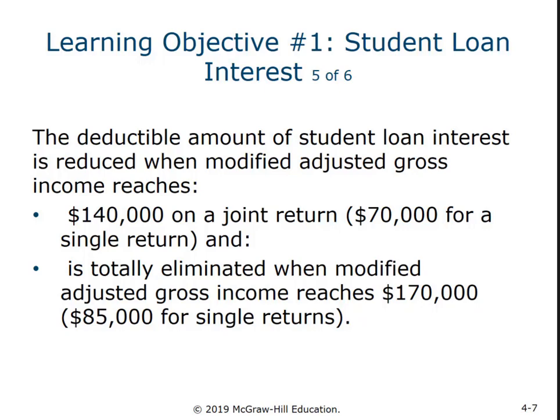This is a situation where if your modified adjusted gross income, without considering the student loan interest, is $140,000 or less, then you can deduct the $2,500, and it phases out gradually up until you get to $170,000. And you see the numbers for the single return as well. So we have a joint return and a single return, not allowed for those married filing separately.